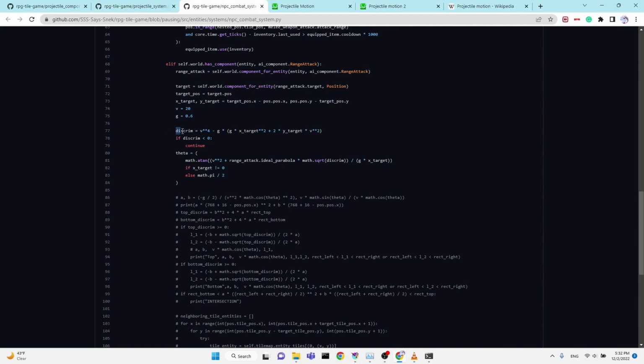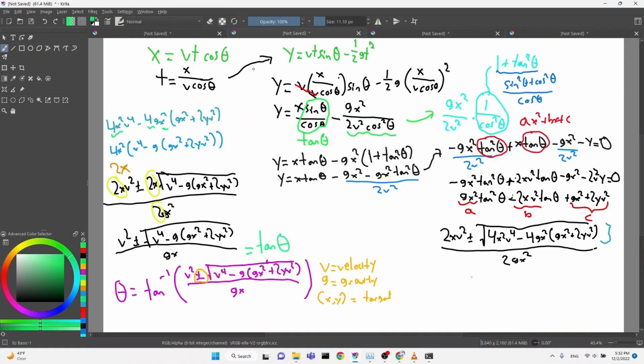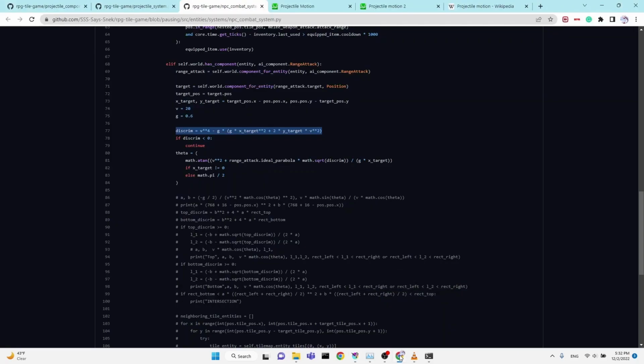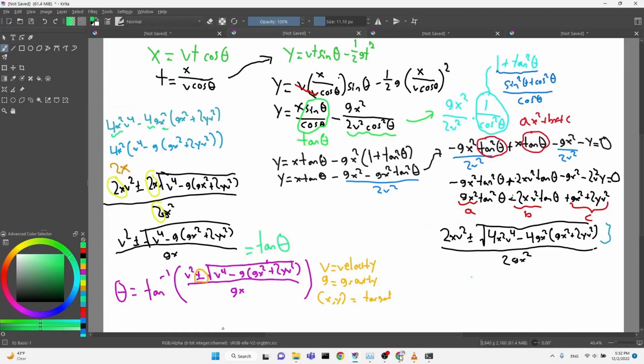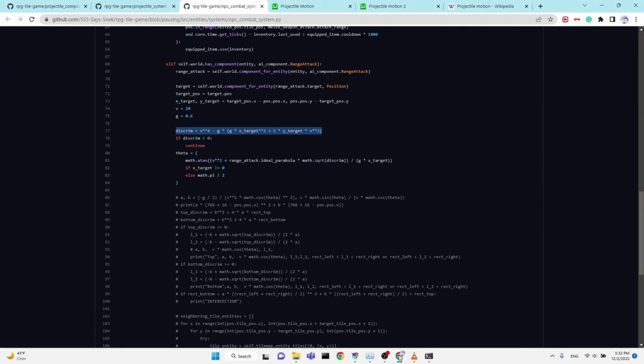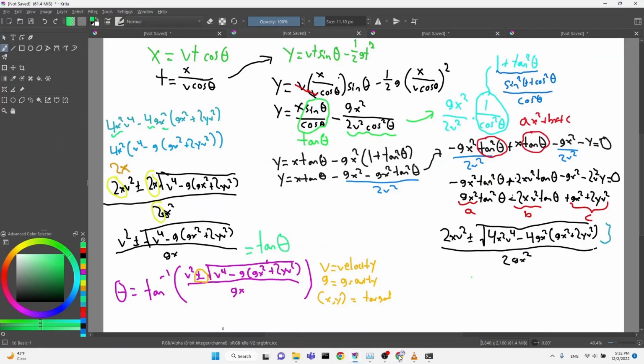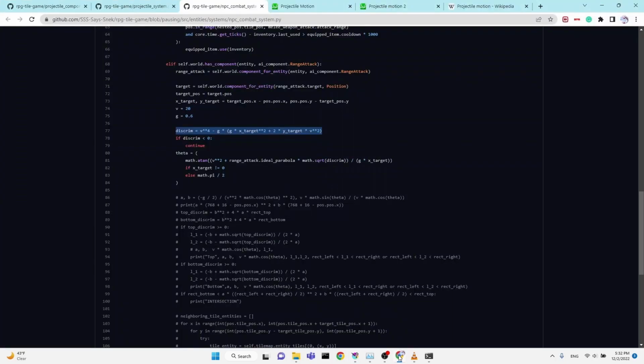Now we have this. Discriminator is v to the fourth, right? If we go back over here, v to the fourth minus, because we want the lower angle, we want v to the fourth minus g times gx squared plus 2yv squared. That's right.